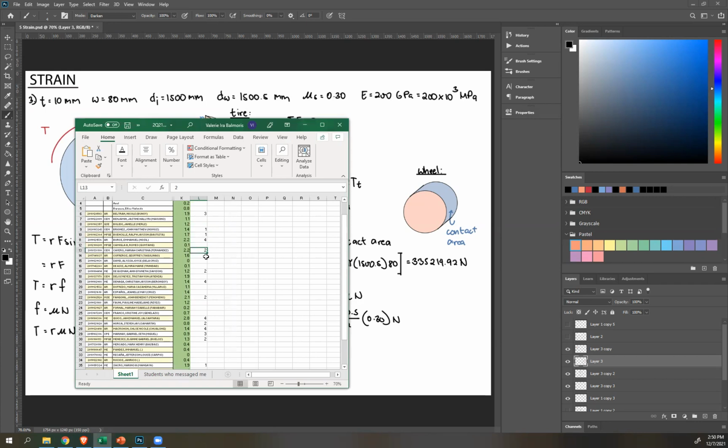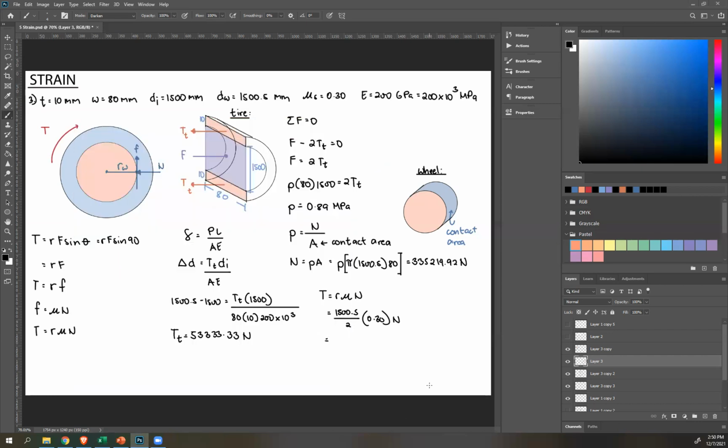The answer is 75,448,497.55. And then the unit of this, since our force is in Newton, so Newton times distance, which is in millimeters. So Newton millimeter.